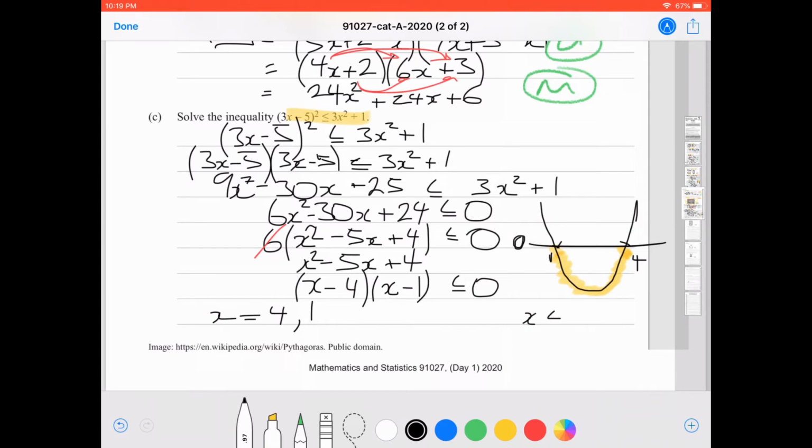And that'll be x is less than or equal to 4 and greater than or equal to 1. Okay, I hope that makes sense. And this correct inequality, x is less than or equal to 4 and greater than or equal to 1, gets you the excellence grade here.